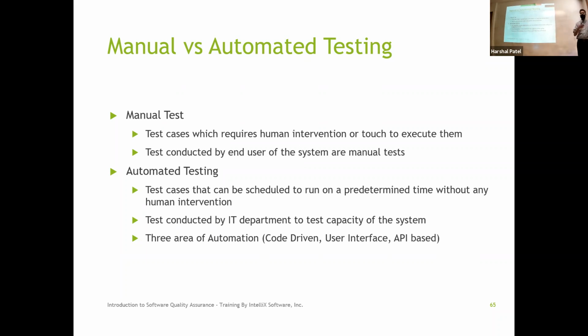With 5,000 users, I'm not going to have 5,000 computers and 5,000 people sitting behind them trying to hit all of them synchronously. I have to build some sort of tools that allow me to simulate that environment, and that testing is automated testing.